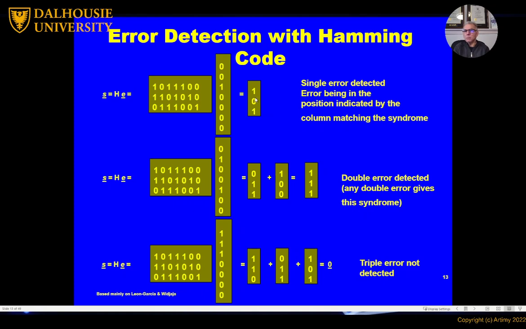So I don't get 0, 0, 0, right? Because there is an error here, I get 1, 0, 1, which indicates the error. So now the system proves that I can use it to detect errors, but I can also use it to correct.